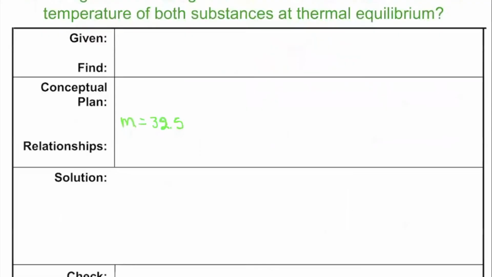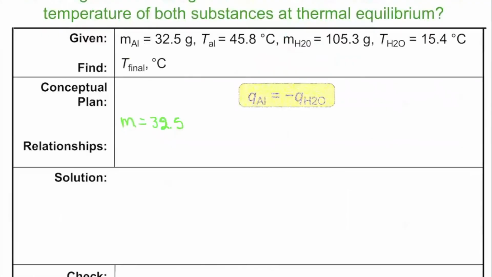Now I have another question here where it's saying a cube of aluminum initially at 45 degrees Celsius is submerged into 103 grams of water at 15.4 Celsius.